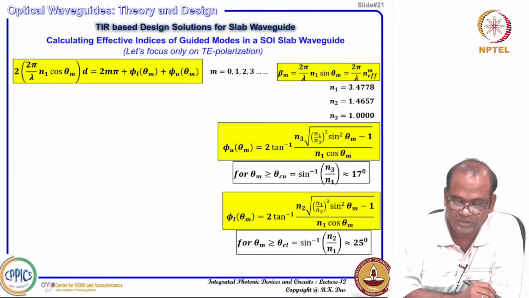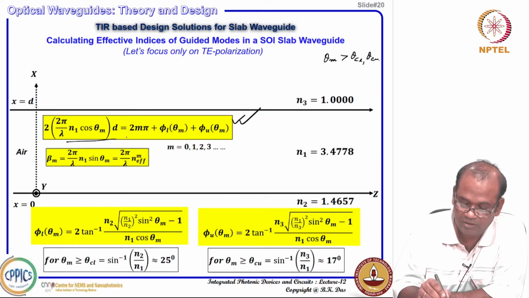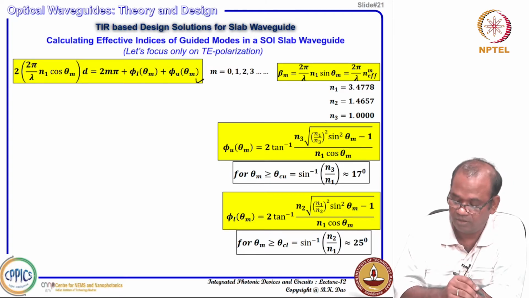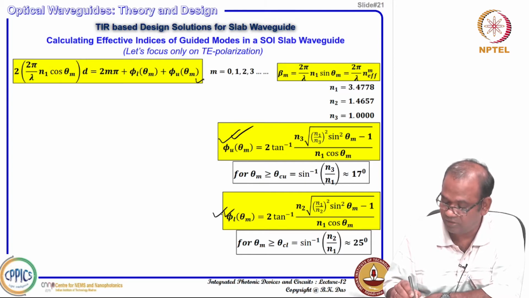Let us see. I have rewritten this equation here: 2 m pi plus phi L theta m plus phi U theta m, where phi U theta m is this expression and phi L theta m is this one.